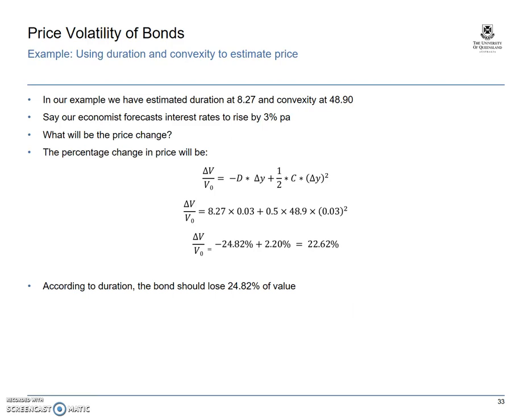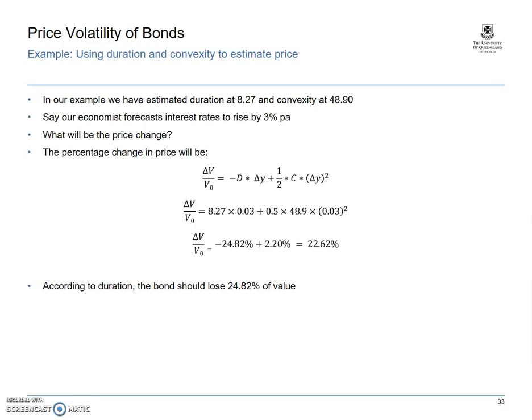We find that the duration effect is that we would expect the value to decline by 24.82% if interest rates were to rise by 3%. But we then have to take account of the convexity, which would add back 2.2%. So we would expect a total change in price of 22.6%.